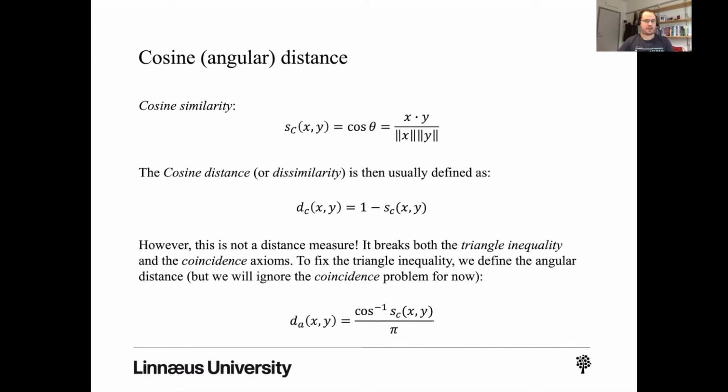What will happen if I do this? For vectors that are completely opposite, the similarity will be minus one. That means it's one plus one, which is two. So the maximum distance here will be two for vectors that are completely opposite to each other.